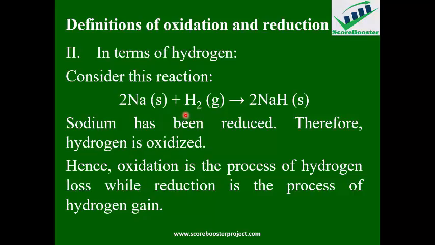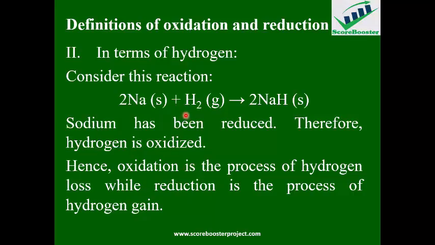So oxidation is that process where you have removal of hydrogen, while reduction is the addition of hydrogen. Now we can combine those two definitions together, this one and the earlier one in terms of oxygen.